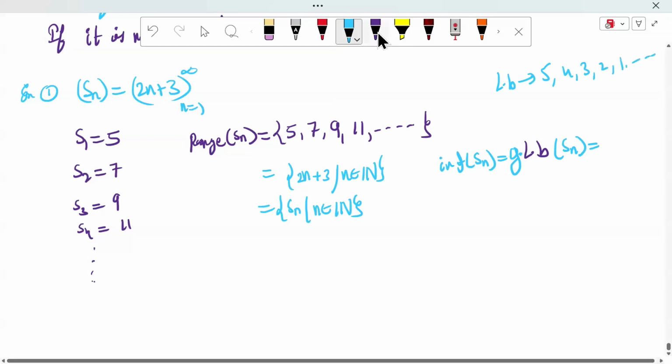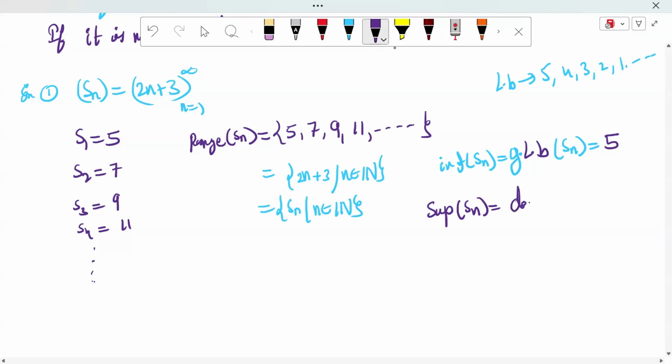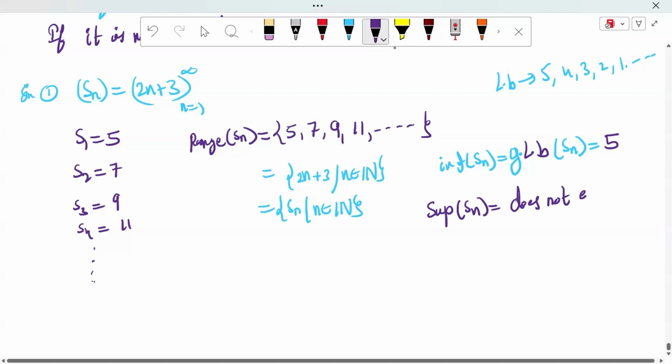So what is the greatest lower bound here? It is 5. It is nothing but the infimum of the sequence. Supremum of the sequence Sn is not defined. So the supremum does not exist.